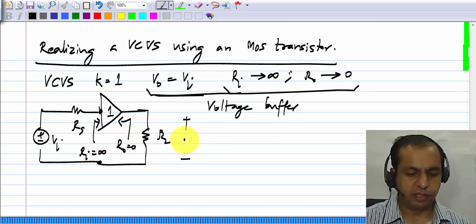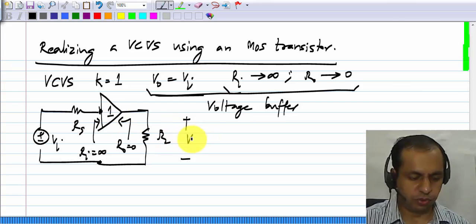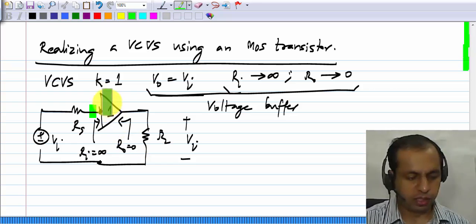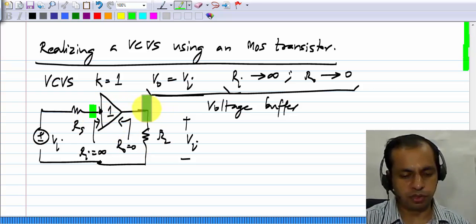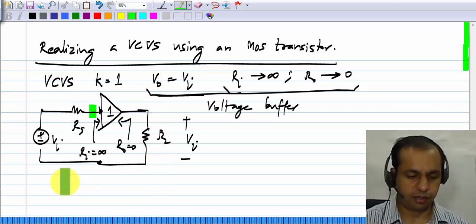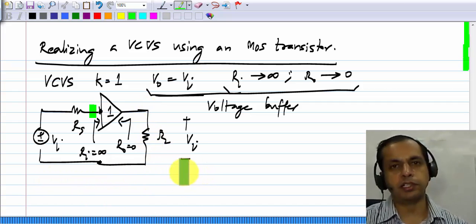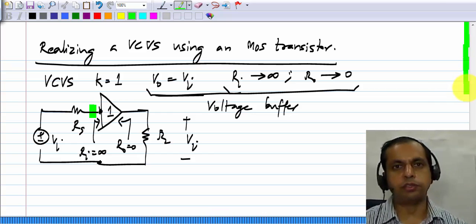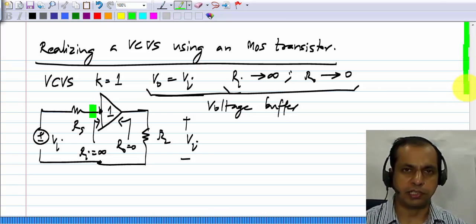In that case, the output voltage you can see is exactly equal to Vi. Because at this point we'll get Vi and its output will get the same as the input. So here we'll get Vi and it's not affected by the value of RL. So what we'll be realizing is actually a voltage buffer. It's still quite a useful thing. It's also a very useful building block using a single transistor.